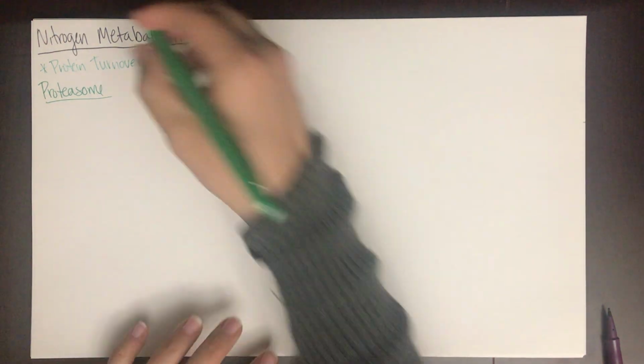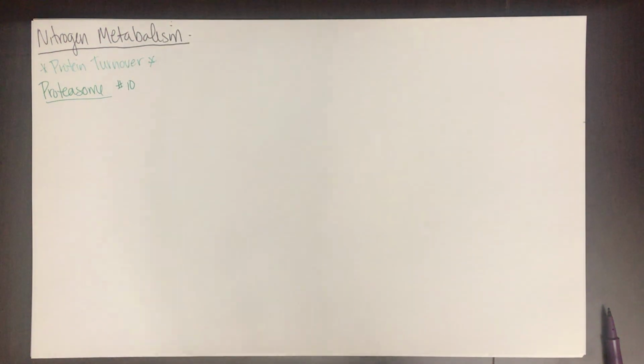There's a picture of it on slide number 10 of the second of these two lectures. And again, I posted two nitrogen metabolism lectures from two different textbooks. There's a lot of repeat, just a little bit of different information in each of these.